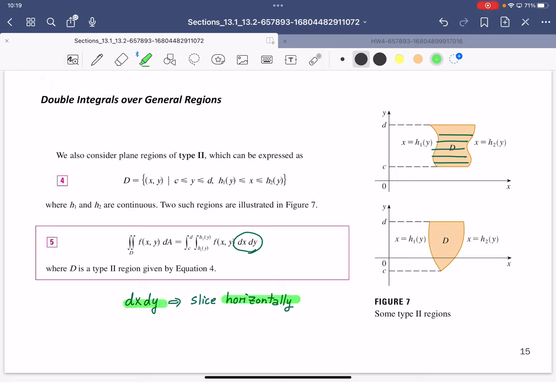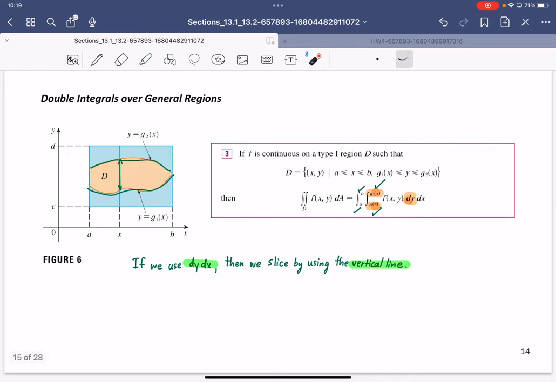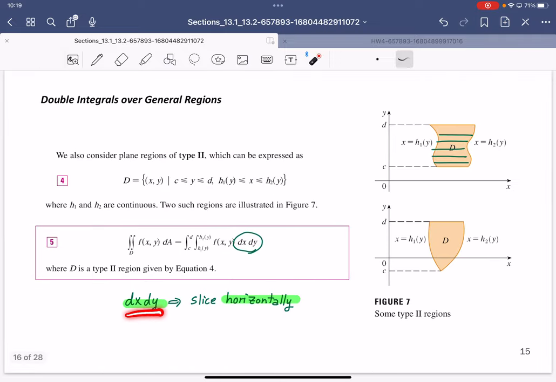What I want you to memorize is that whichever you do first, you slide along that axis. If you want to do dy dx, you draw the vertical line because you slide with respect to the y-axis. And if you do dx dy, you go horizontally because you slide with respect to the x-axis.